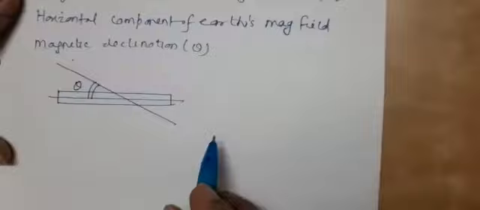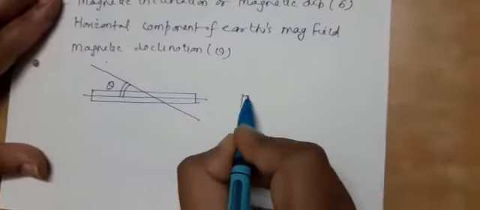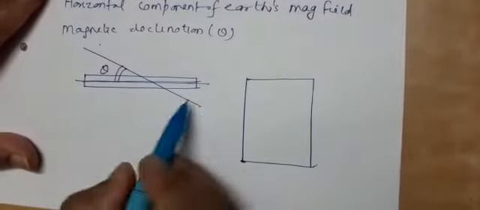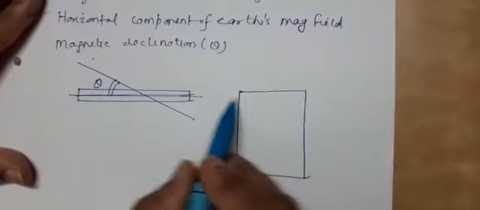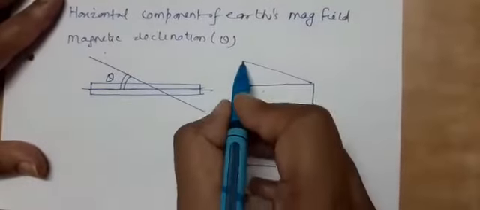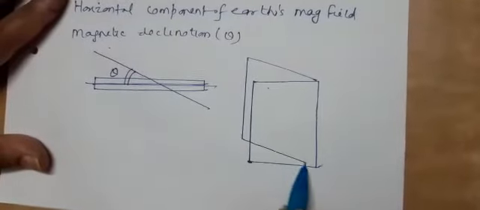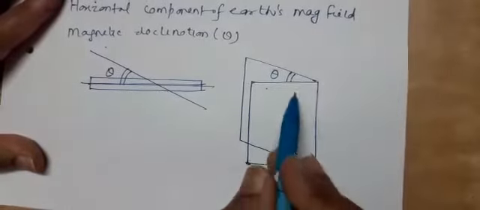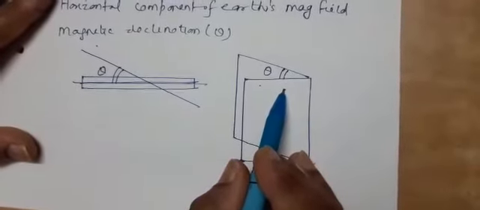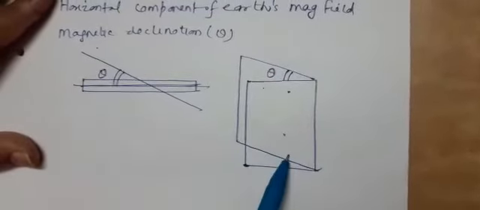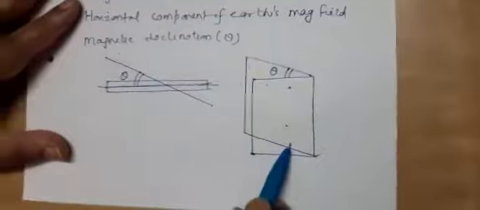Or if I draw meridians, that is, if this is the magnetic meridian, a vertical plane passing through the magnetic axis, and another like this is the geographic meridian, the angle between these two is taken as the magnetic declination. So either you express it in terms of axes or in terms of meridians, it is one and the same.